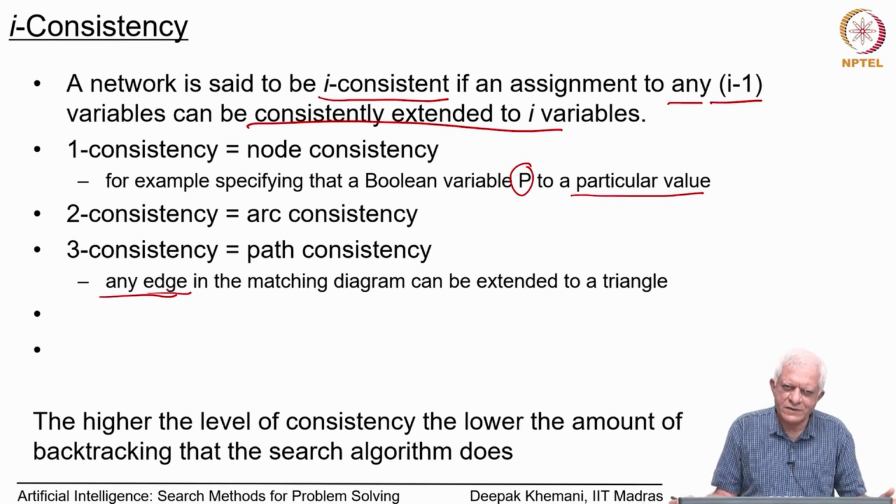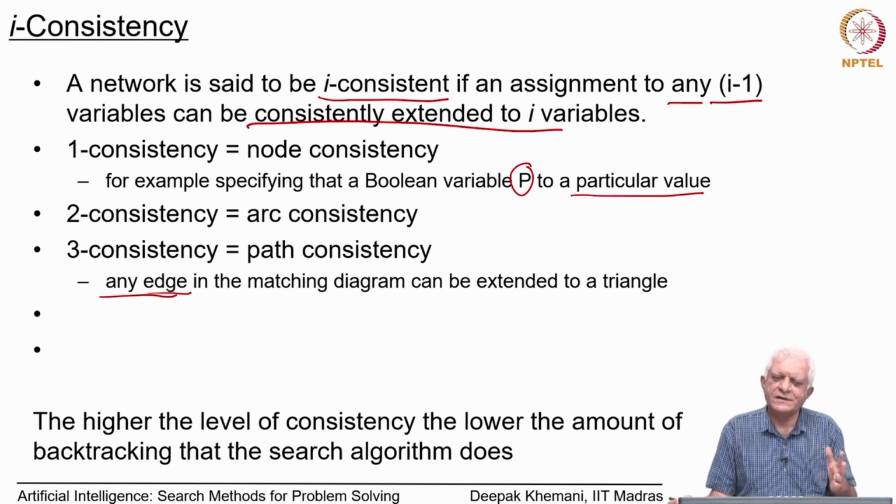And then there are higher orders of consistency, and it turns out that it depends upon the topology of the graph. As I said earlier, if the network is a tree network, then arc consistency will be enough. But if the network has more connections, so it is a more complex graph, then you need higher orders of consistency.